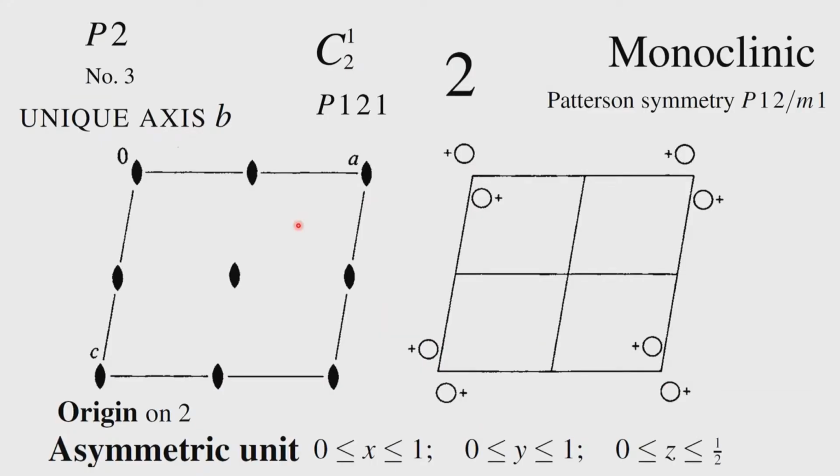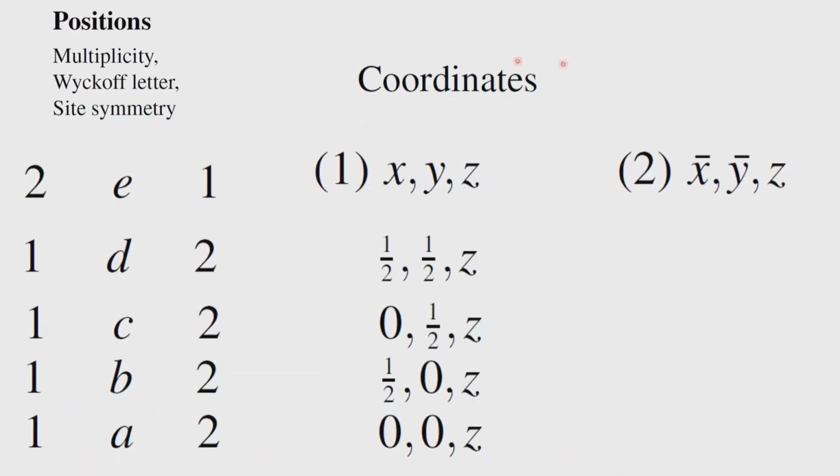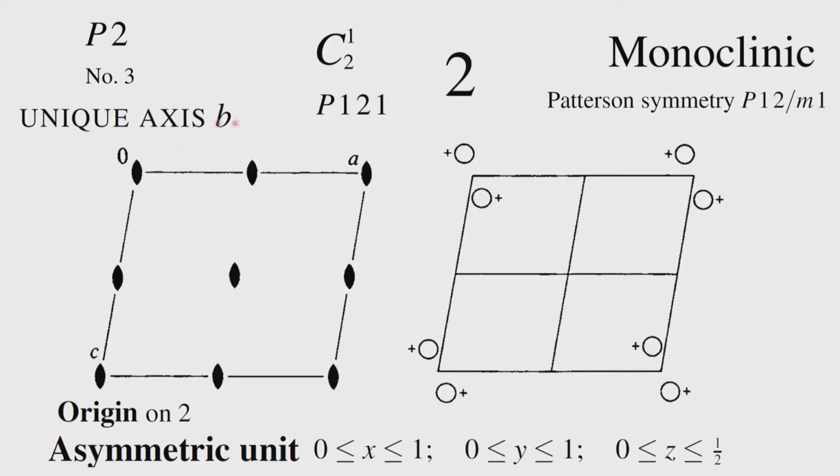So, the 0 y 0 essentially represents this twofold. Why that confusion came, I will explain. It came because in this representation from which we copied this equivalent position, it is not along the unique axis B, it is along the unique axis C. It so happens that while taking these various diagrams, it has come along the unique axis C. It does not matter.